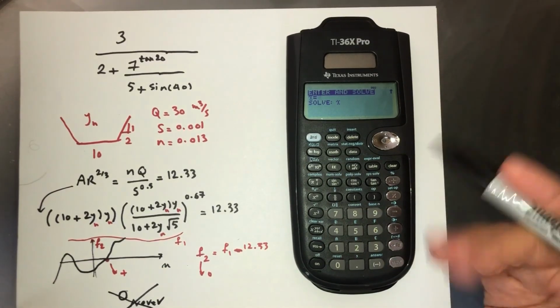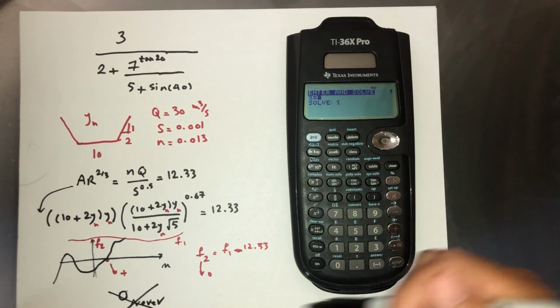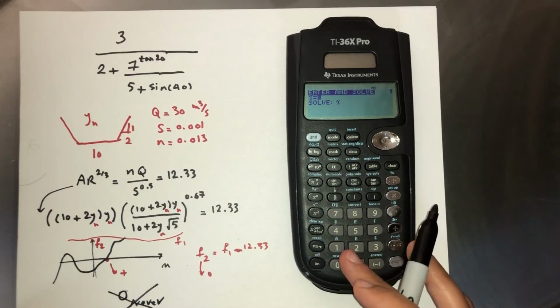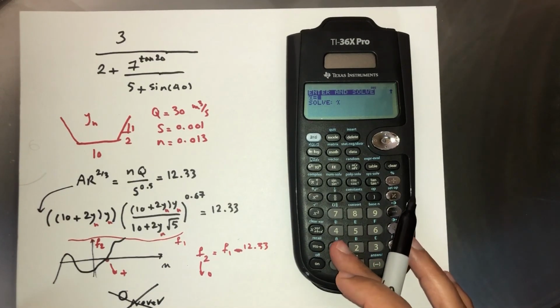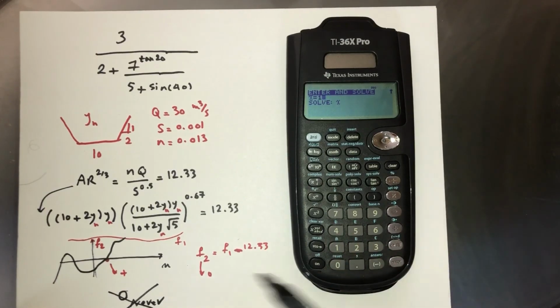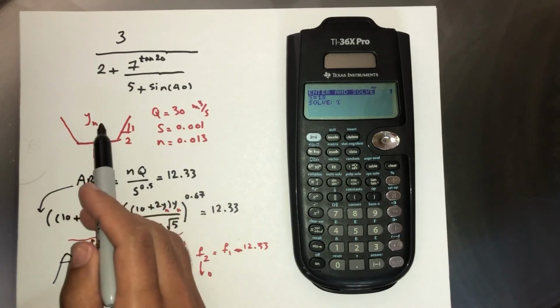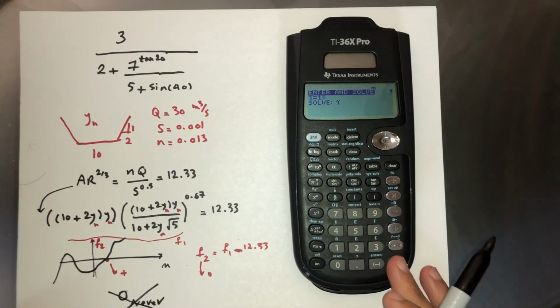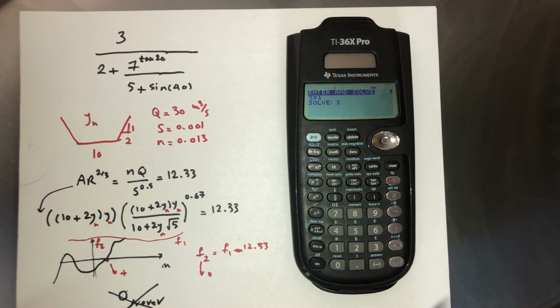It might take 10 minutes for my calculator to find it, or it might find some useless answers. So just put something reasonable. You can have 1, or for this type of calculation 1, 2, 3, whatever makes sense for your actual initial guess. And then you press solve.